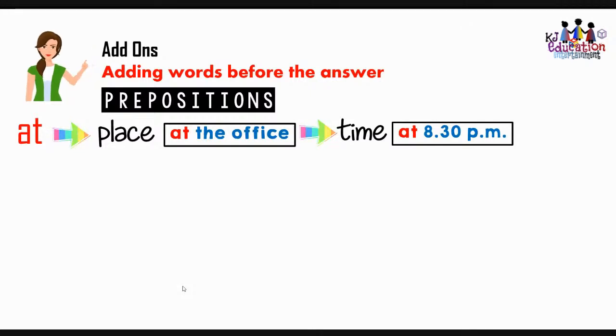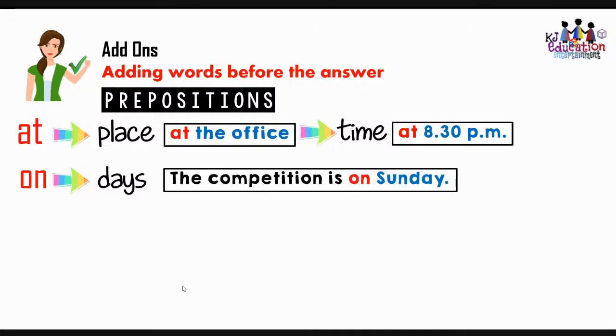These are the ones that you add before the answer. The next one, on. You'll be using on for days. For example, the competition is on Sunday. You can see the preposition on is used there.